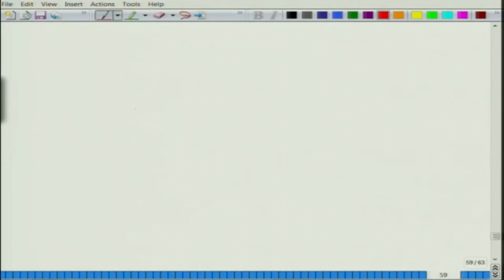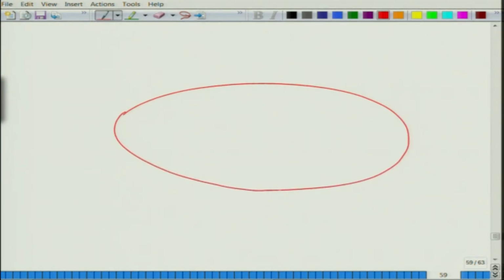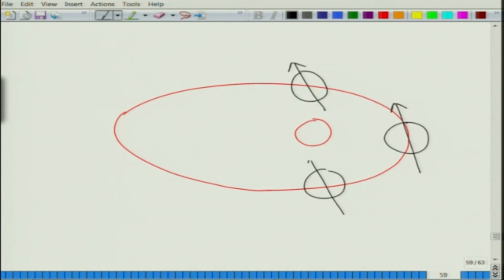We have seen that this is our orbit of the earth and here is our sun, actually the sun should be here, in one of the foci, and the position of the earth, or rather the position of the axis of rotation of the earth, changes, right.